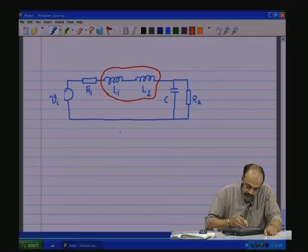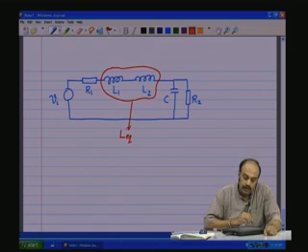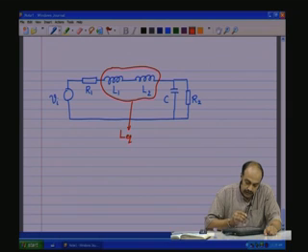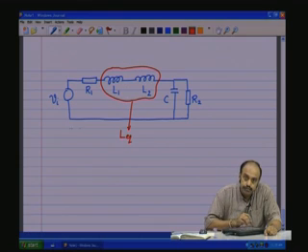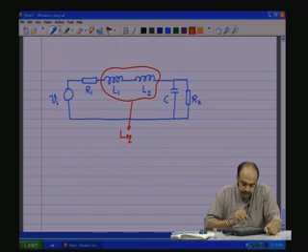It can be considered as one single inductance L equivalent, or either the L1 inductor or the L2 inductor can be considered as the energy storing element and the corresponding variable can be taken as the state variable, which means in this case, as they are all coming in a loop, the current through L1 and the current through L2 are same.